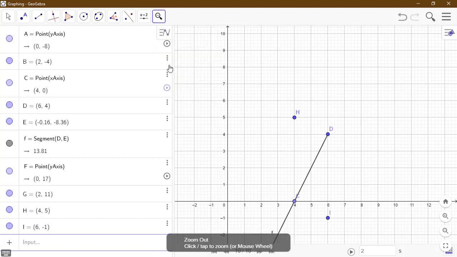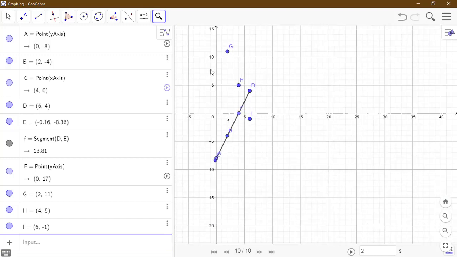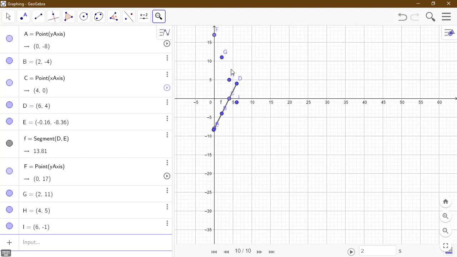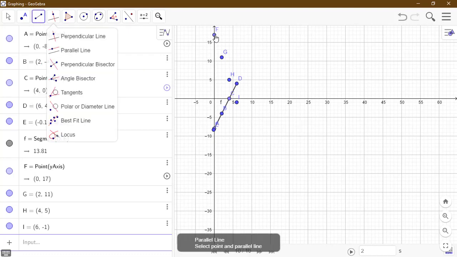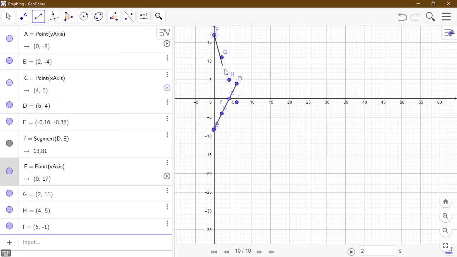Let me zoom out so that I can join the points together, using our line.